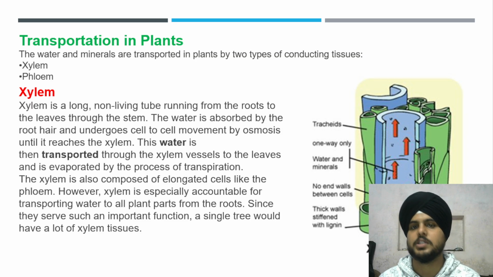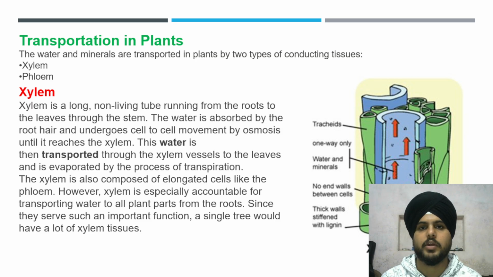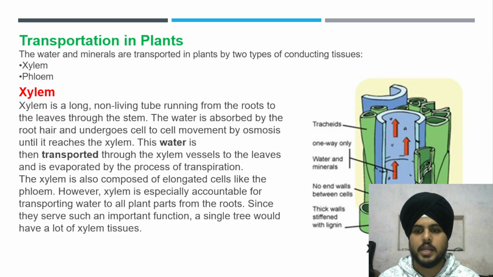In photosynthesis we know that water and minerals are used, and with the help of sunlight and chlorophyll the food is formed, and that water and mineral is transported only to the upper side, and only the xylem tissue does that. Let's read out this definition.